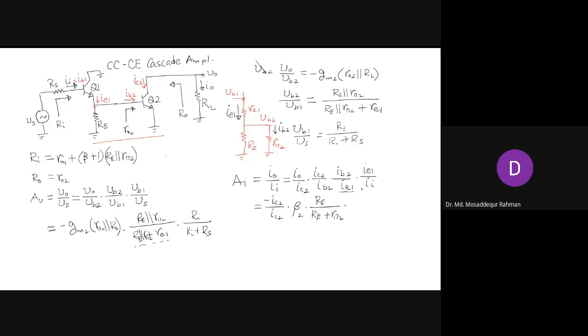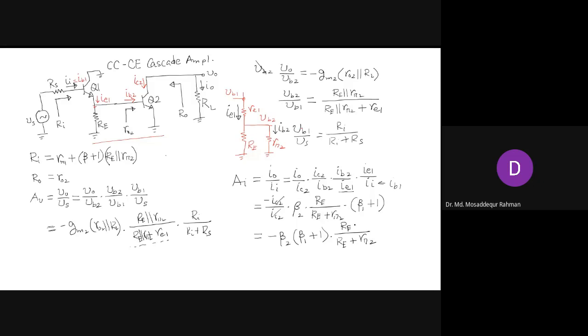So this is current division, nothing else. And IE by IE, so that is the same as IB1. And IE by IB is beta plus 1. So beta 1 plus 1. Here IC will cancel out. So the whole current gain will be minus beta 2, then beta 1 plus 1, and then RE and RE plus R pi.